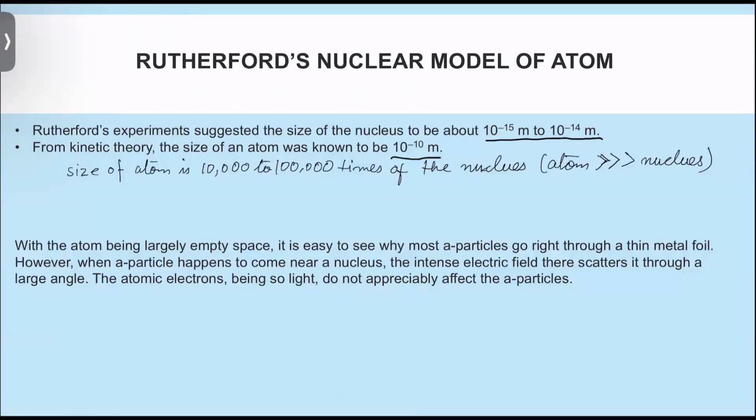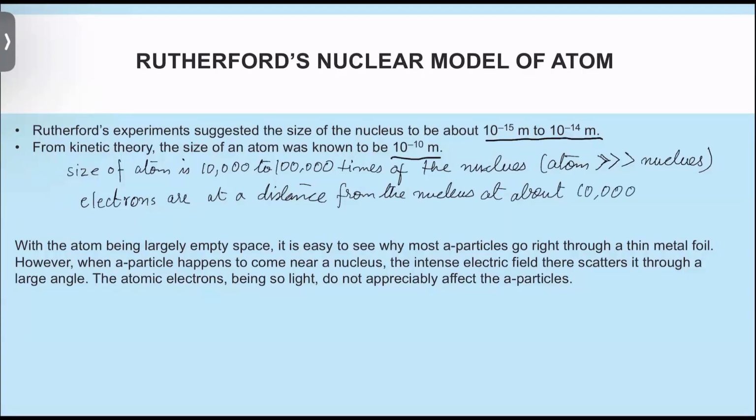According to this, electrons are at a distance from the nucleus of about 10,000 to 100,000 times the size of the nucleus.